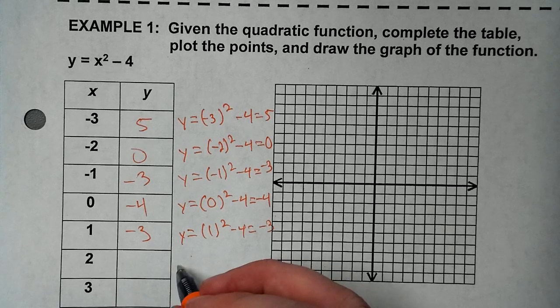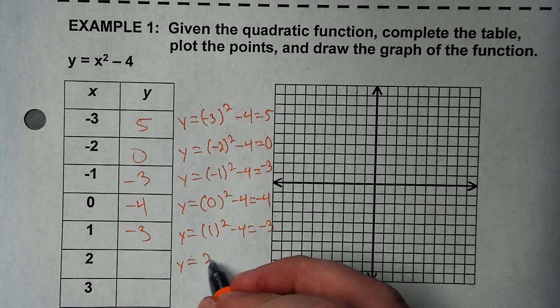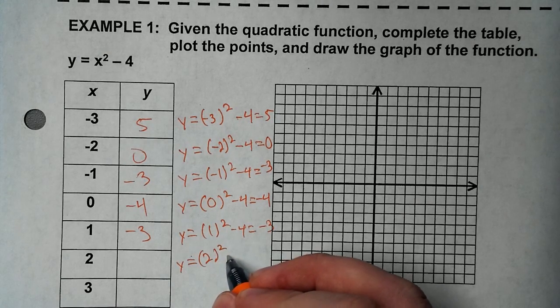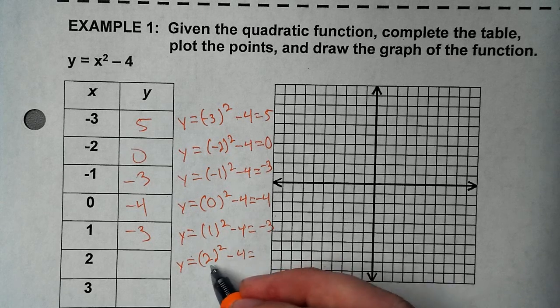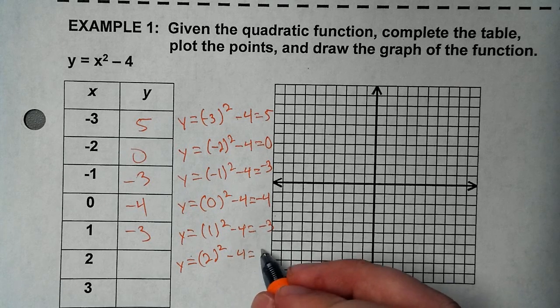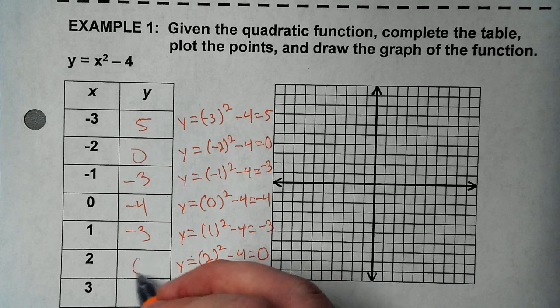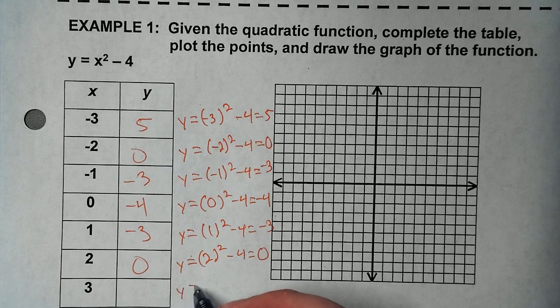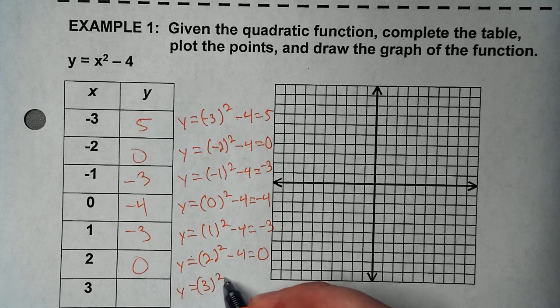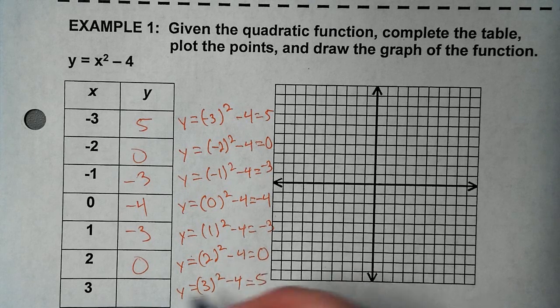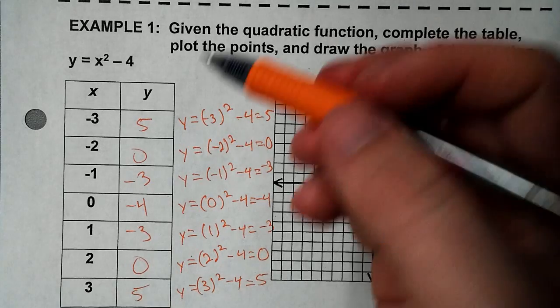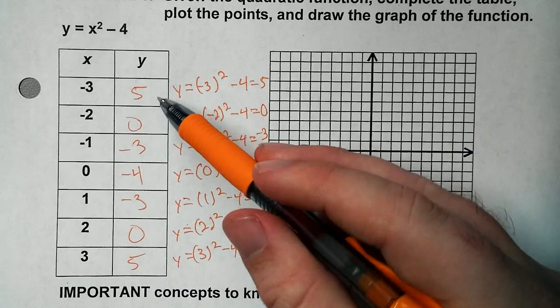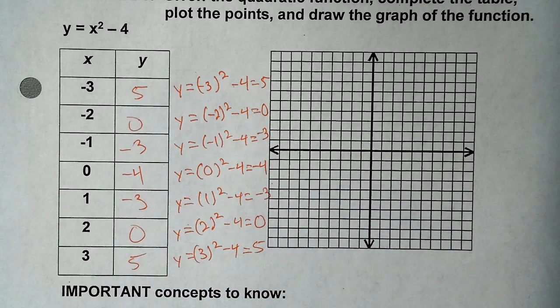When I plug in 2, two squared is 4. 4 minus 4 is 0. When I plug in 3, 3 squared is 9. 9 minus 4 is 5. And you can see that we had mirrored results with the same number, regardless if it was positive or negative.